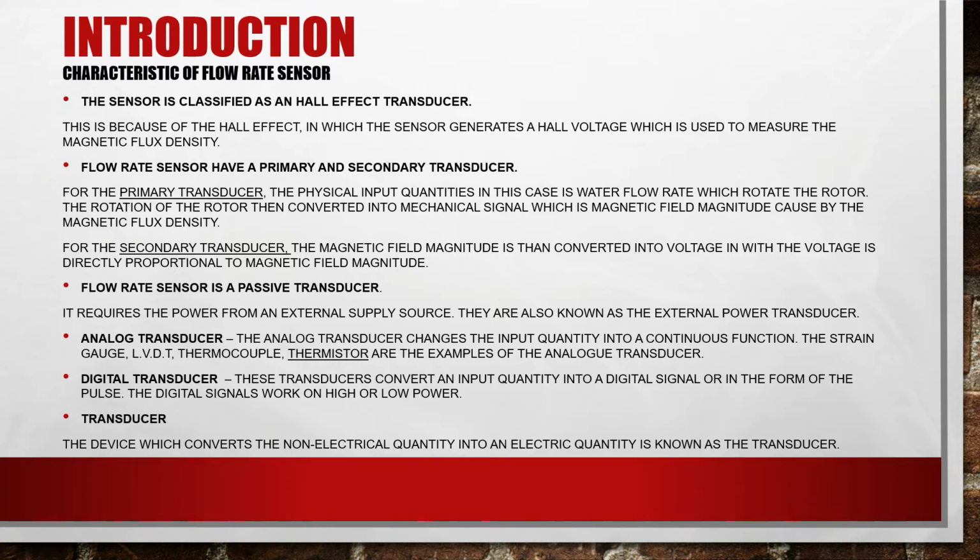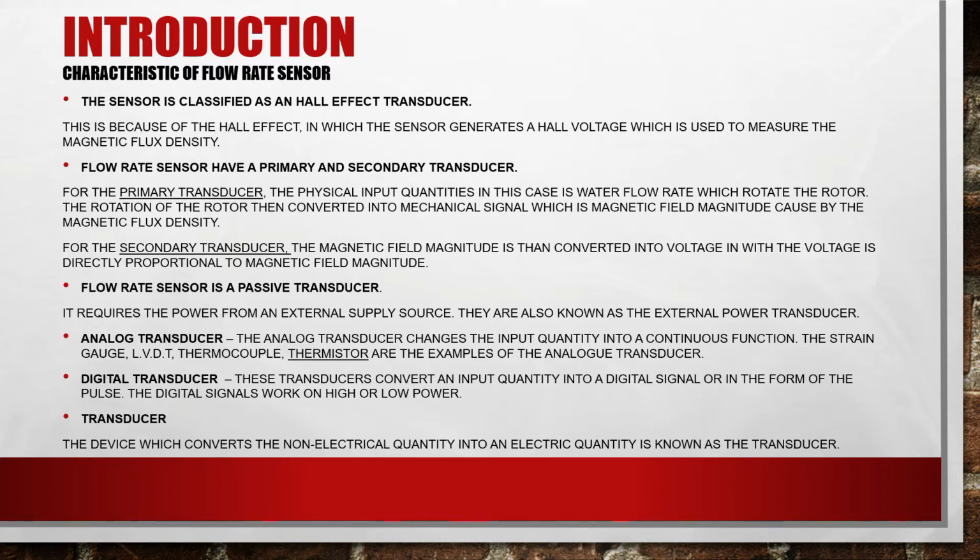In this case, for the flow rate sensor, the primary transducer converts the rotation of the rotor into magnetic field magnitude, and the secondary transducer converts the magnetic field magnitude into voltage, where the voltage is directly proportional to the magnetic field magnitude.